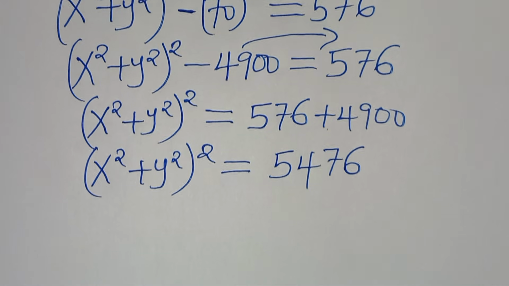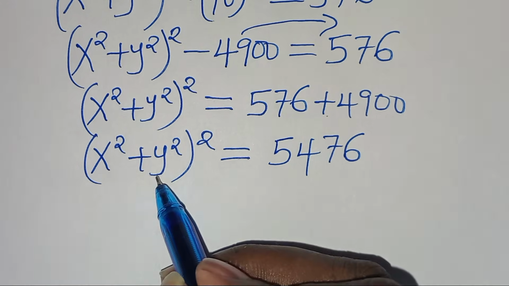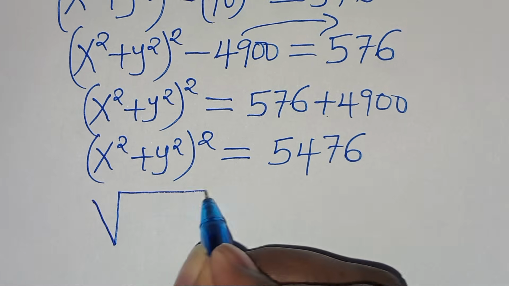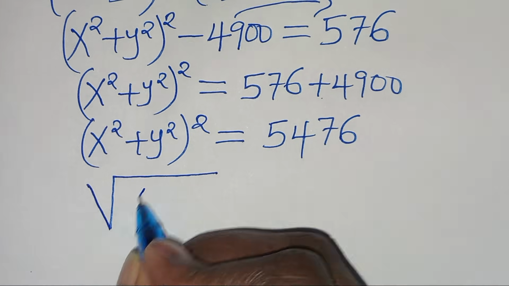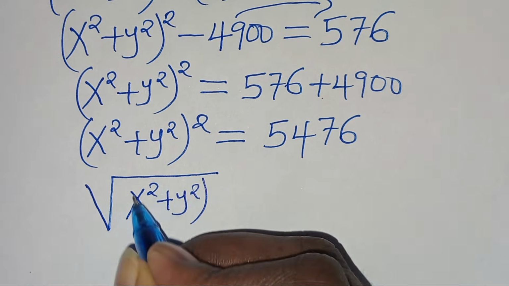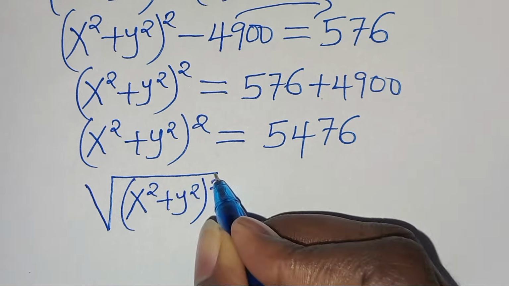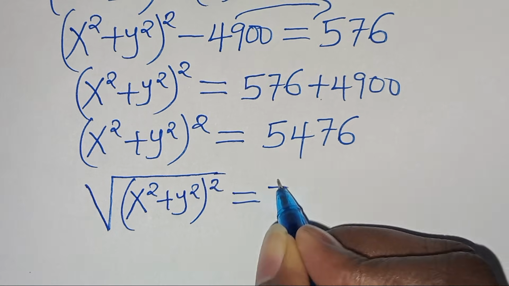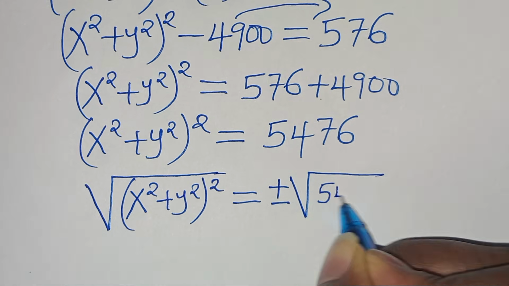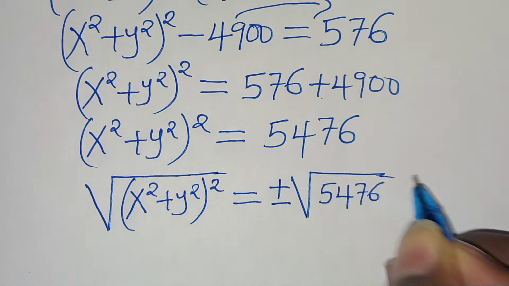Now, to solve for x squared plus y squared, we introduce a square root on both sides, so that here we have x squared plus y squared raised to the power of 2 equal to plus or minus the square root of 5476.